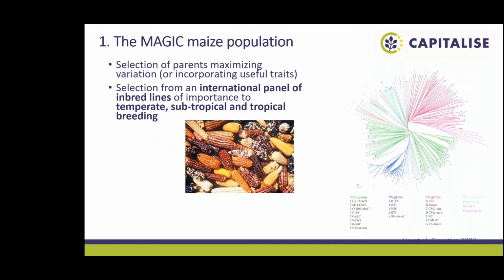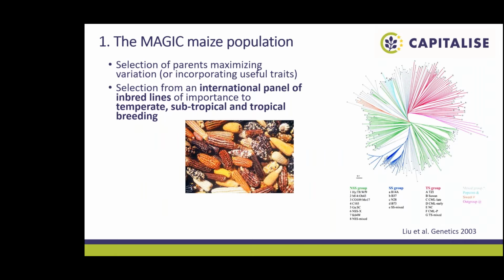So first, to breed a very good mapping population, the idea is that we need to include as much genetic diversity as possible. Back in 2005, when this MAGIC maize project was started, there was a very important paper by Liu and colleagues in which they analyzed an important international panel of inbred lines, important for temperate, subtropical, and tropical breeding.